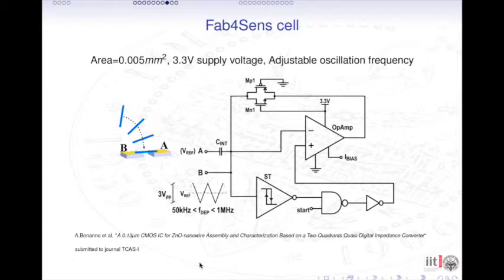The voltage is about 3 volt peak to peak, and the bias current of the op-amp is used to adjust the frequency of the oscillating signal. The area of this DEP generator is really small because it is only 0.005 square millimeters.